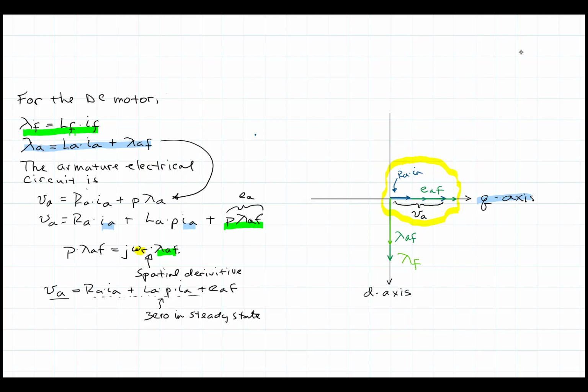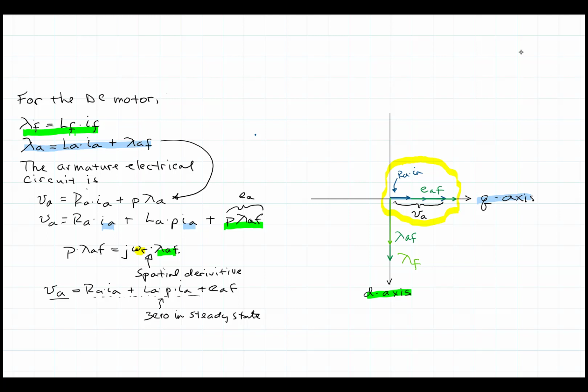We've got this other axis, this d-axis, which is 90 degrees out of phase, and on that axis we have the field winding. But everything that's happening is happening on the armature.